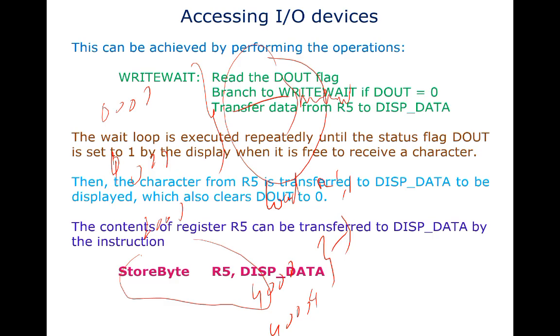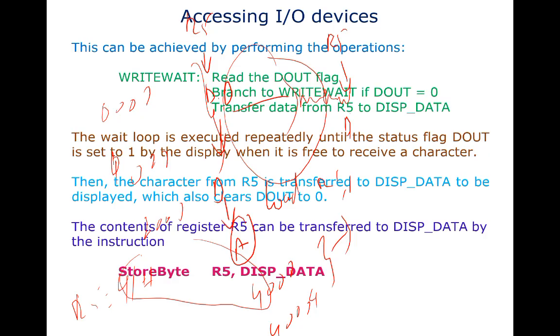For example, previously we mentioned R5 as equal to 41h, that is hexadecimal 41h, which represents the ASCII value A. So the instruction store byte R5, display data sends the contents of register R5 to the display data register, and then the ASCII character for 41h, which is A, is displayed. So these things are completed.